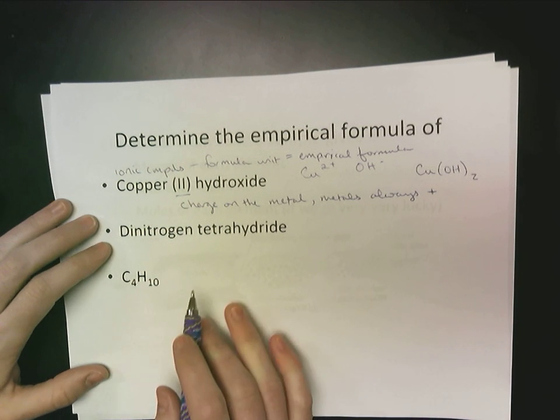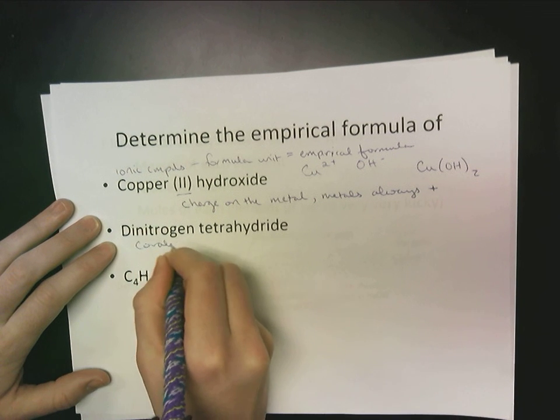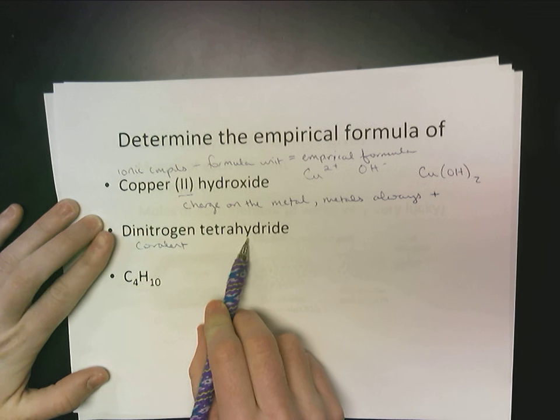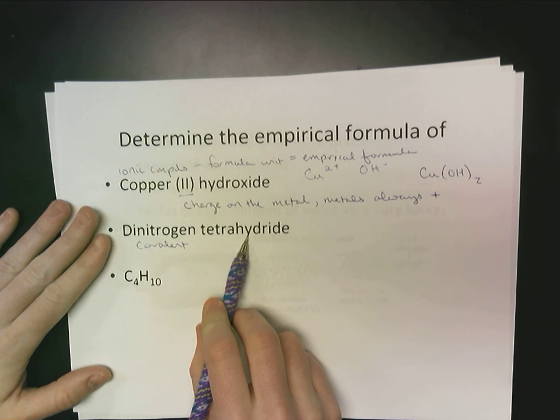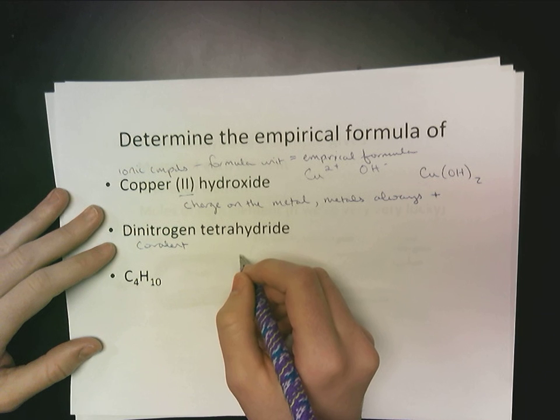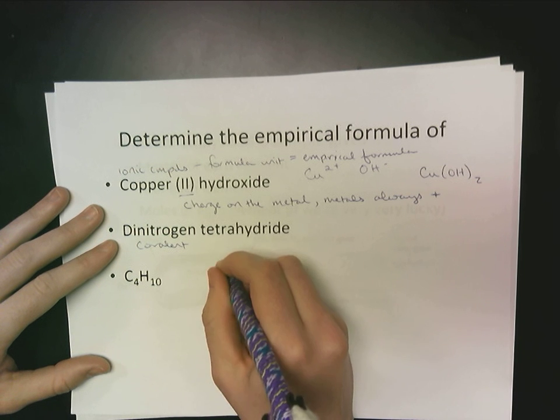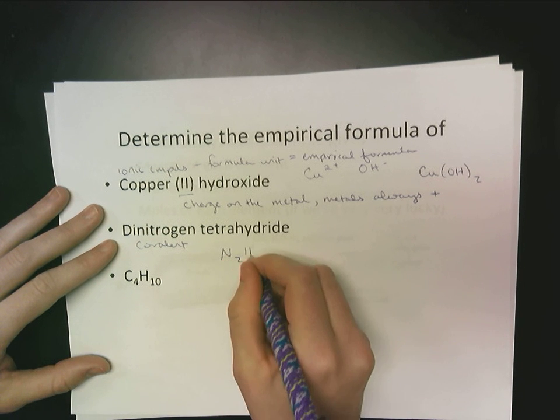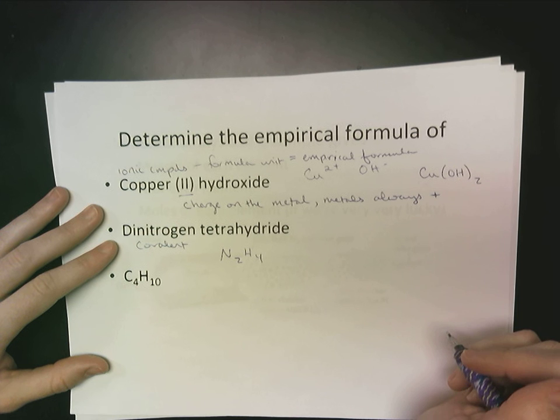So let's look at a covalent compound. I know this one's covalent because it has nitrogen and hydrogen in it, and those two things are both nonmetals, so it's easy to classify using that kind of simple tool. In this case, I've got 2 nitrogens for every 4 hydrogens. This is also commonly known as hydrazine.